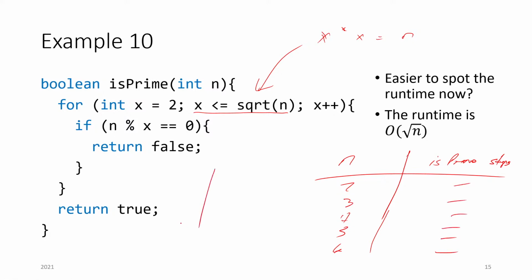Then we'll do a graph where n is on the x-axis and the y-axis is is prime steps, and we might end up getting some sort of graph going like this, or like this, or like this. And we just want to figure out the nature of that graph. So if it's a straight line, we know this is going to be linear, so that's O of n. If it curves something like this, it might be O of log n, and so forth. We just want to know the nature of the graph as we scale n.